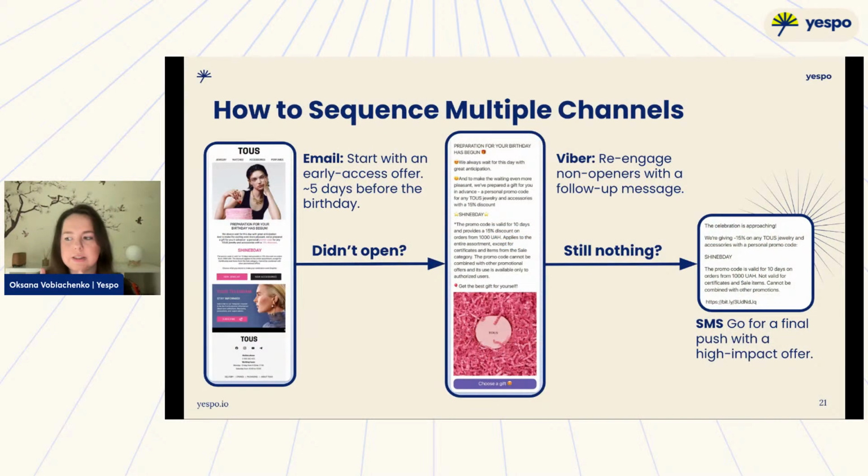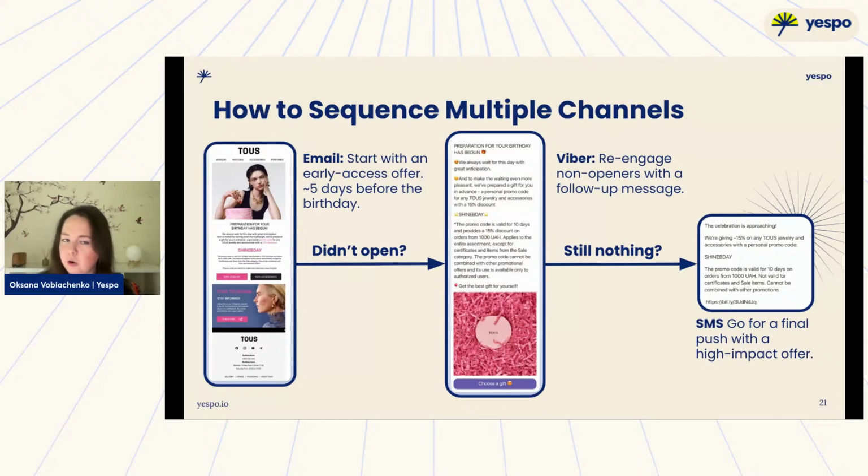The second tip is like a coverage staircase. Think about the channels that your audience uses most and often. Try to send an email with an early offer: choose your gift, a few days before the date.